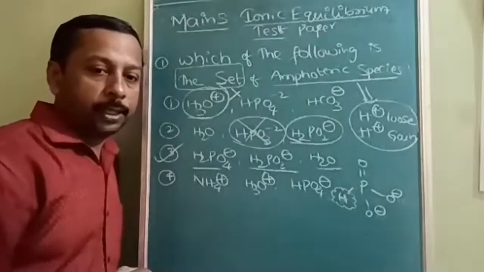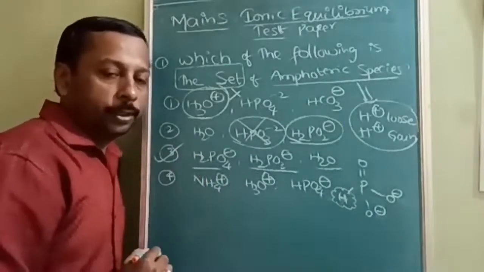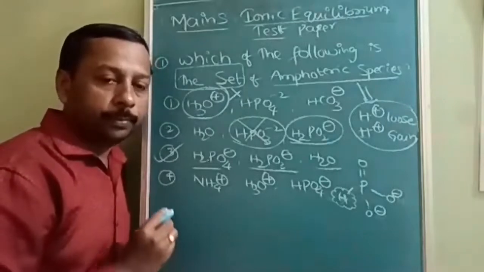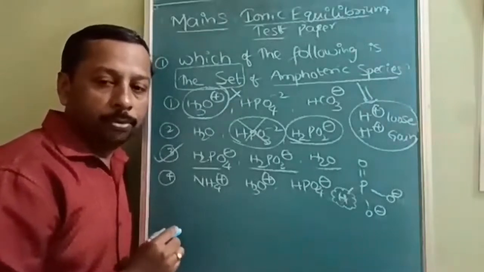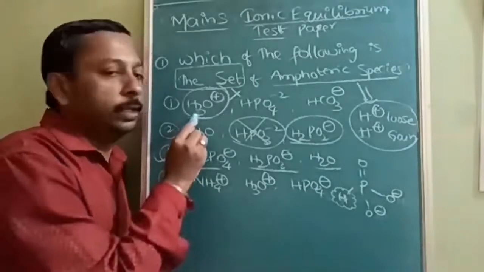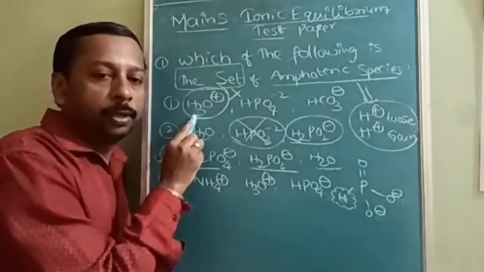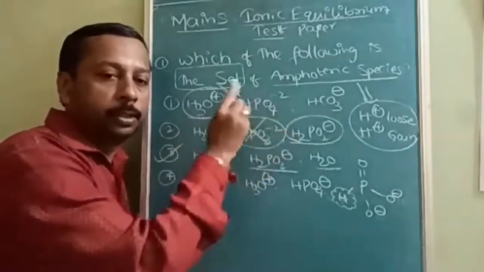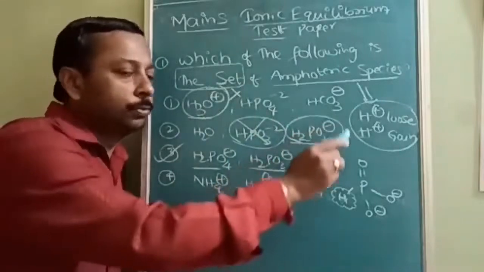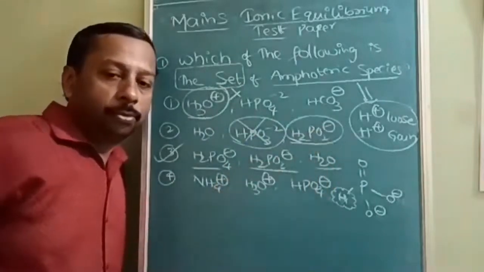Is the question and approach understood? In this, first of all, each and every species you need to check whether it will be able to lose H plus or not, or whether it will be able to gain H plus or not. Suppose you are lucky enough and in the first one itself you find it, you need not check further, because if one of the species is not satisfying either of the two conditions, you need not go further.